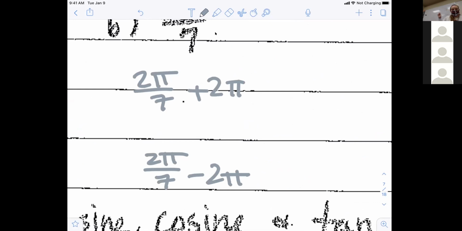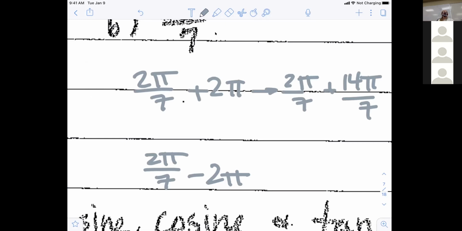Now, I don't know if you can see what's on the board behind me, especially those online, but we had some fraction issues last class. Are you guys okay with me writing 2 pi as 14 pi over 7? When I have a whole number, like 2 pi, we want a like denominator as 2 pi over 7.